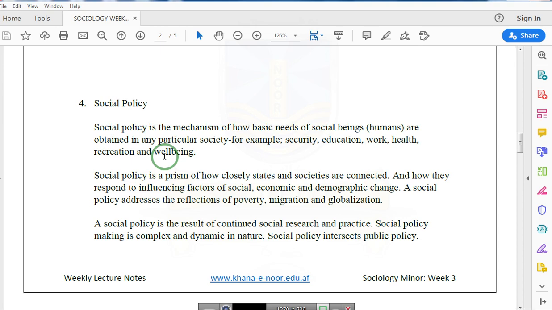A social policy is a roadmap that tells us how to acquire basic human needs within the existing social structures. Our basic human needs are security, education, work, health, recreation, and well being.